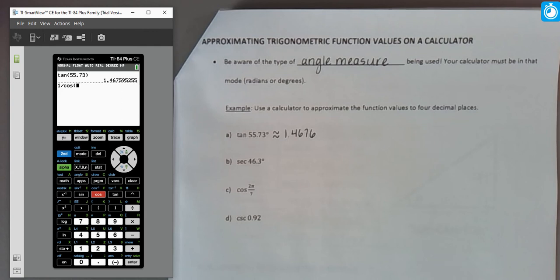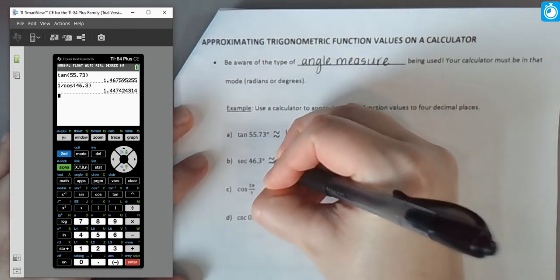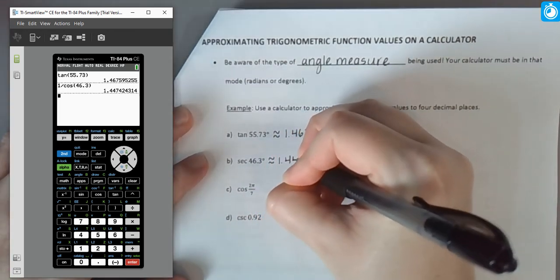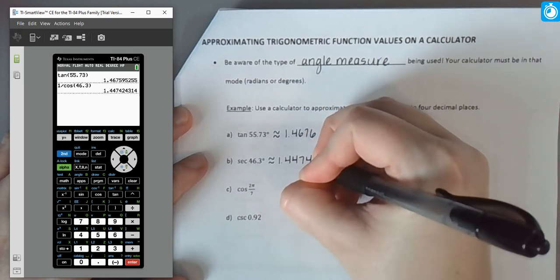So if we want secant, it's going to be 1 divided by cosine, and my angle measure is 46.3 degrees. In this case, the value comes out to 1.4474, roughly.